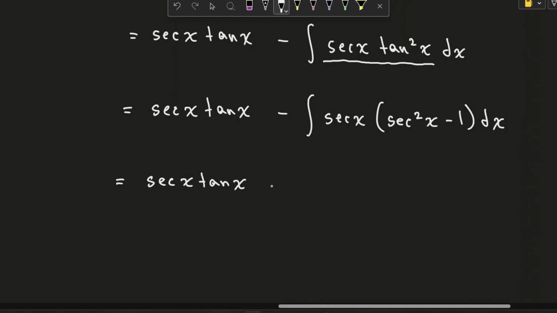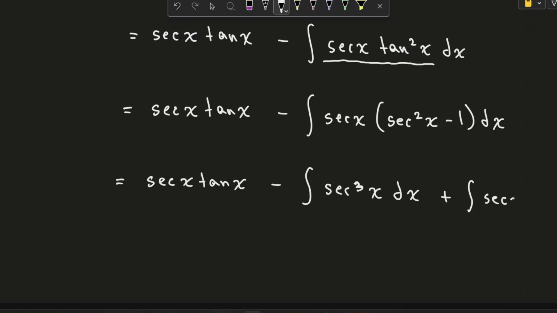Now we can write this as minus integral sec cube x dx plus integration of sec x dx.